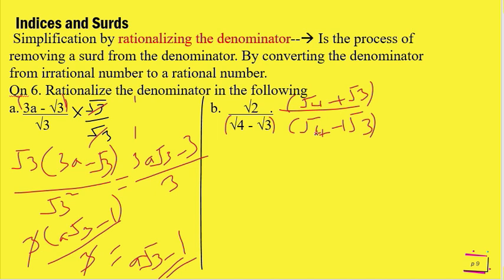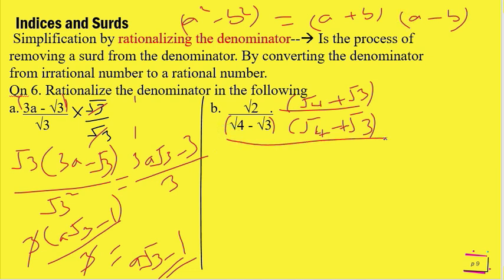For this matter, there is a concept that we already know. Whenever we have a squared minus b squared, this will always be equal to a plus b times a minus b. So the denominator here is just equal to root 4 squared minus root 3 squared, without even doing much mathematics. That is the concept.